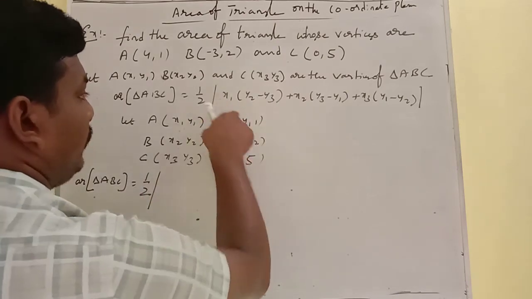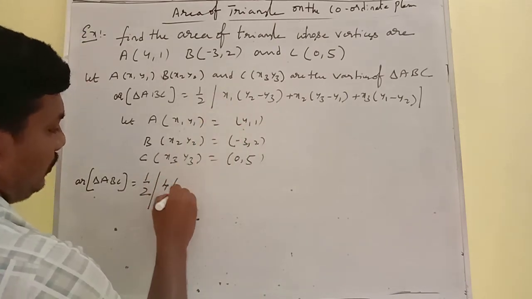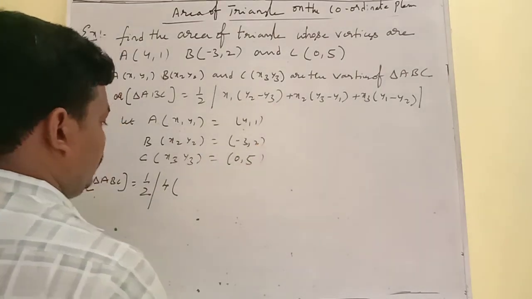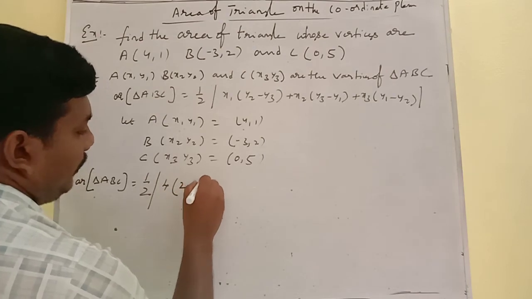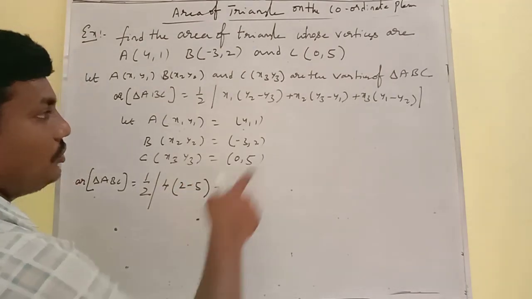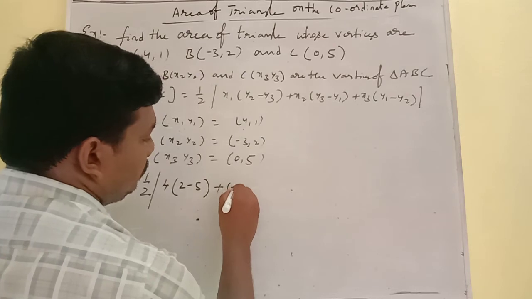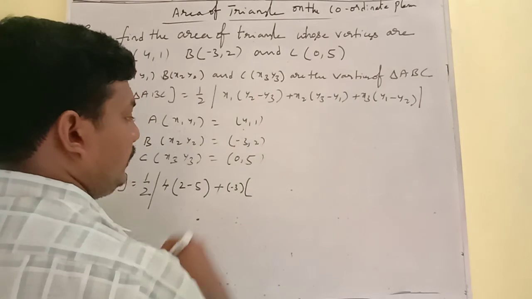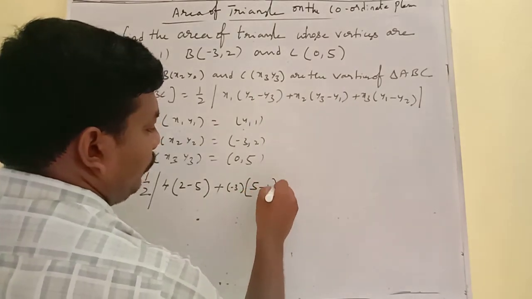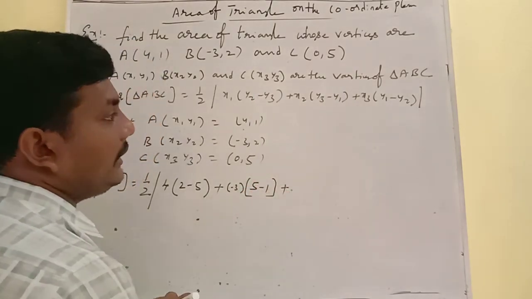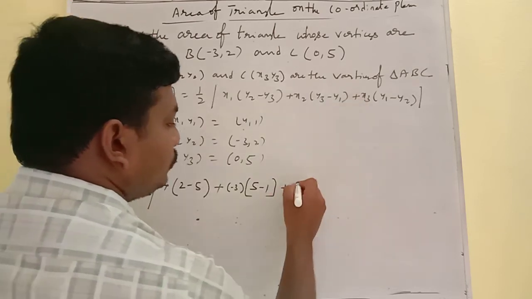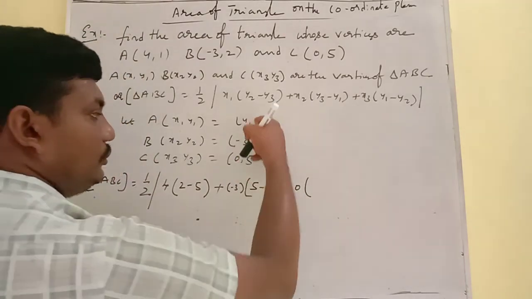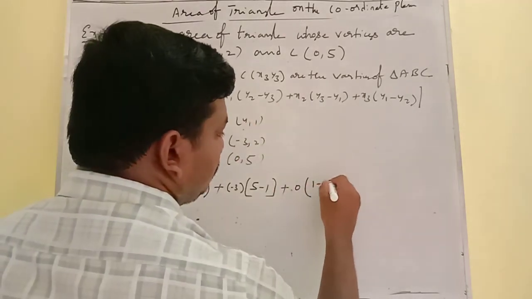In place of x1 we take 4, into y2 minus y3, which is 2 minus 5, plus x2, which is minus 3, into y3 minus y1, which is 5 minus 1, plus x3, which is 0, into y1 minus y2, that is 1 minus 5.